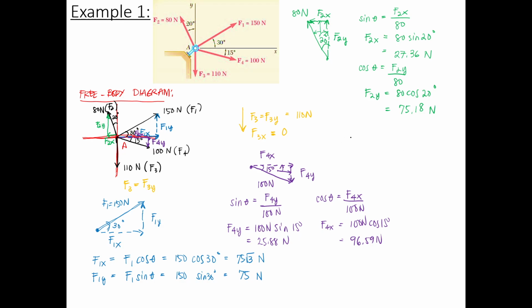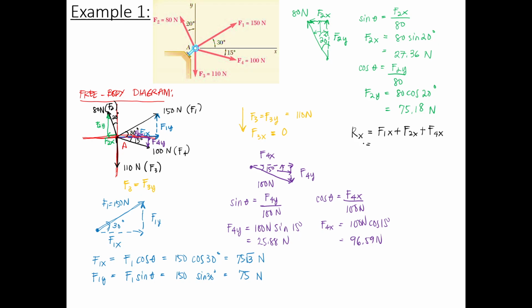So in solving your resultant, as per the previous slide, we're going to solve first the resultant of x. That will be F1x plus F2x, depending on the number of horizontal forces that you're going to add up. This time we're going to add up only 3 because we don't have any horizontal force for force number 3.